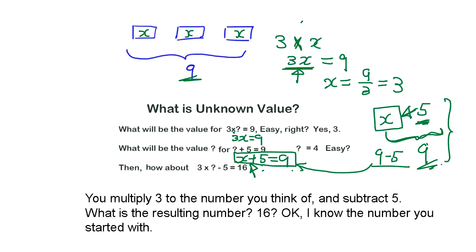Just subtract, right? So let's combine this together. Suppose we have x pounds of meat in each box. The refrigerator has 3 same boxes, each one has x pounds of meat.